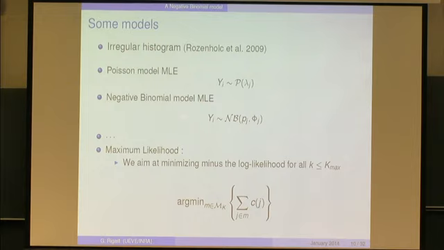We could have a negative binomial model where both p and phi change with each segment, and many others. And I think really our goal here is to optimize this criterion, which is typically minus the log likelihood, so we want to recover the best segmentation with respect to maximum likelihood.